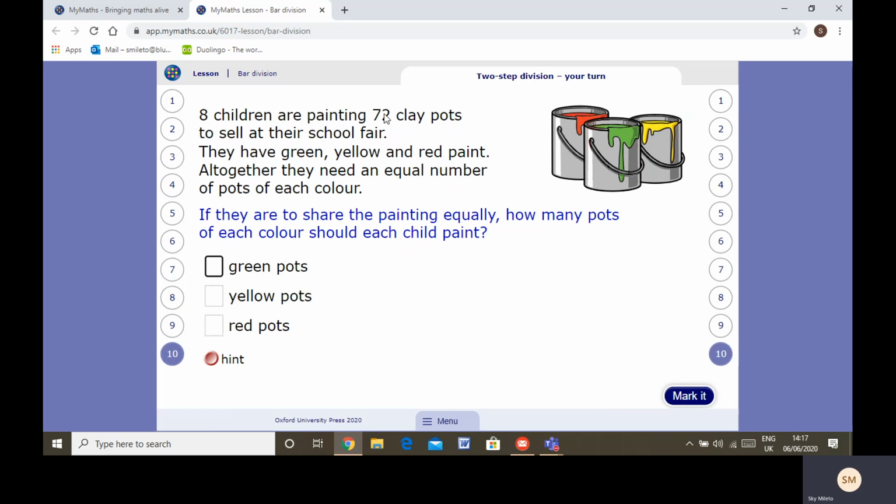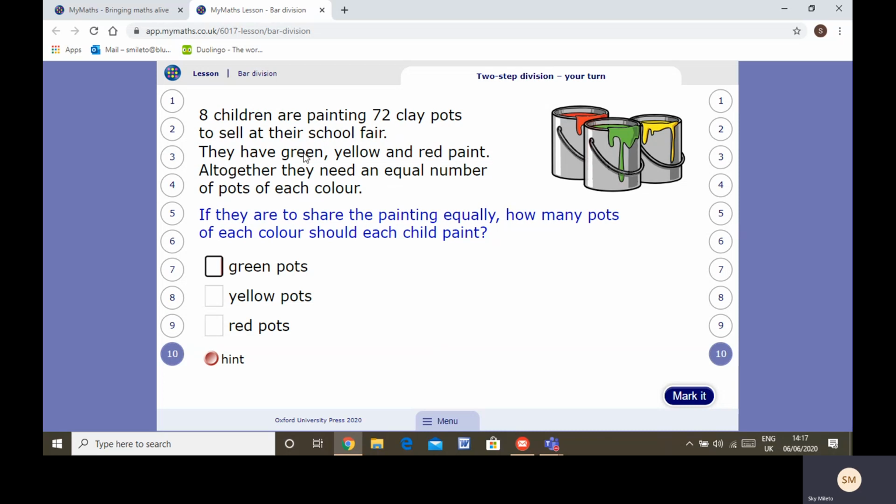So we have 72 clay pots and 8 children, okay? There are 3 different coloured pots. So I know that if there's 72 pots and 8 children, each child would get 72 divided by 8, which is 9 pots. Each child gets 9 pots.